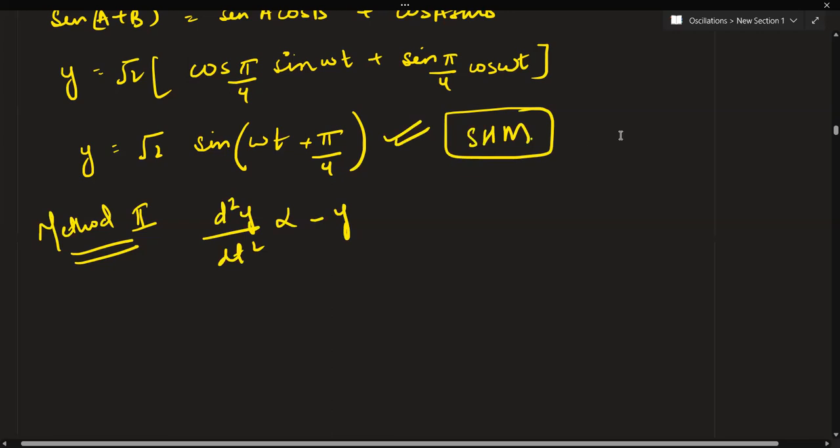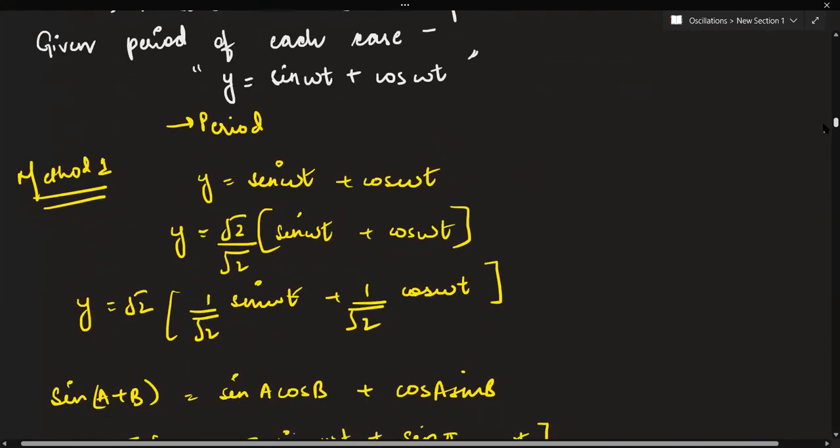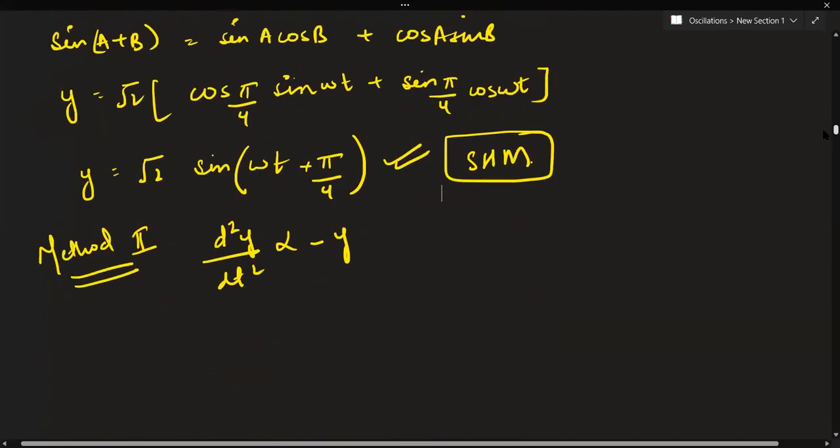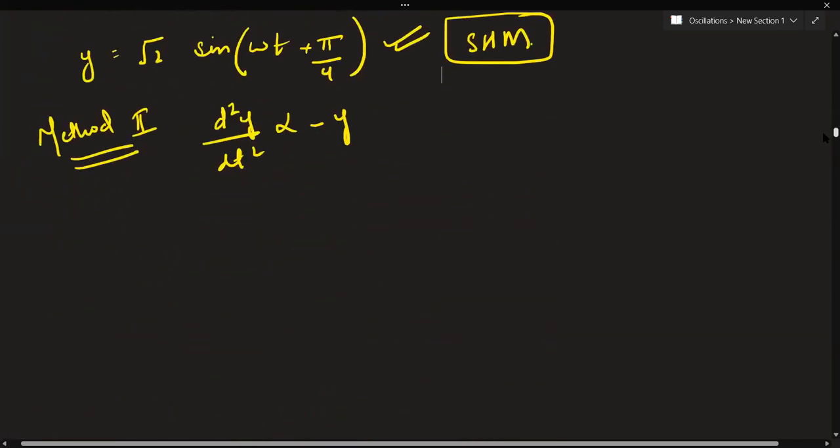So let's take the double differentiation of it and check whether it is coming out as SHM or not. The equation was y equals sine omega t plus cos omega t. Just a second.